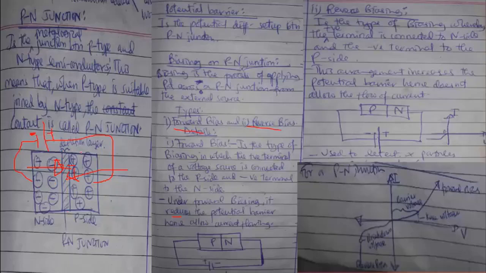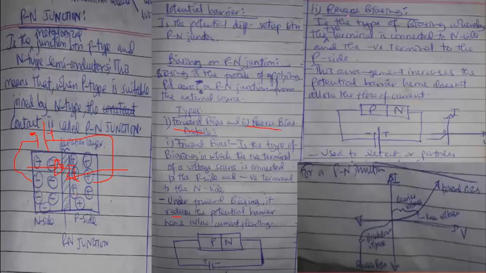So under forward bias, it reduces the potential barrier and hence allows current to flow. The potential barrier that will be created will be smaller this time, because it has become thin. So it is very easy now for this p-n junction to allow charges to cross to either side of the junction.